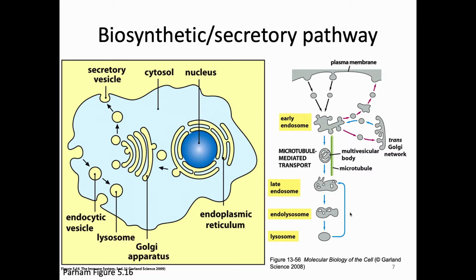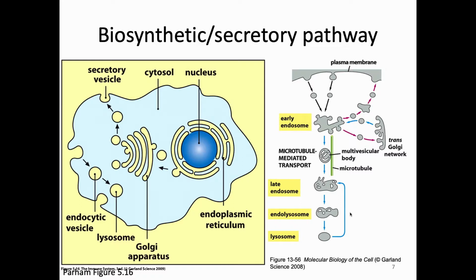You can also see here that when things come in, they will come into an early endosome. They may eventually go to a late endosome, either by movement or that early endosome might itself mature. We may then see fusion with the lysosome. Maybe there's an endolysosome.